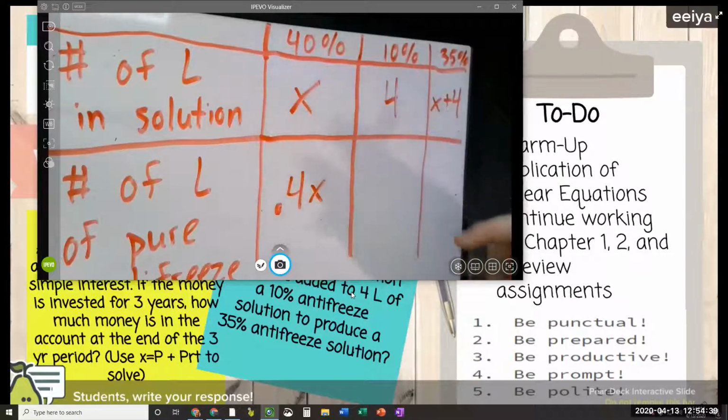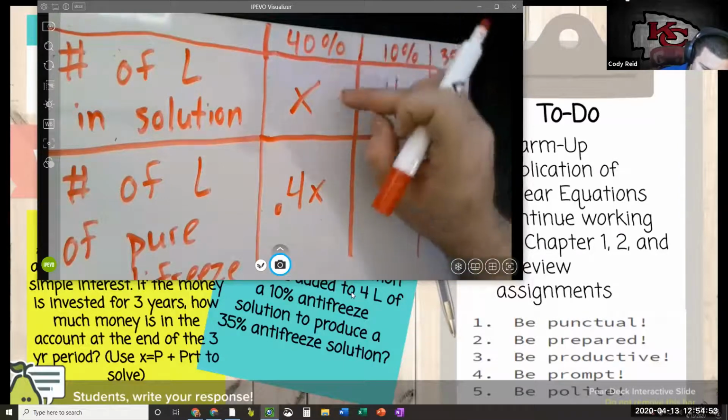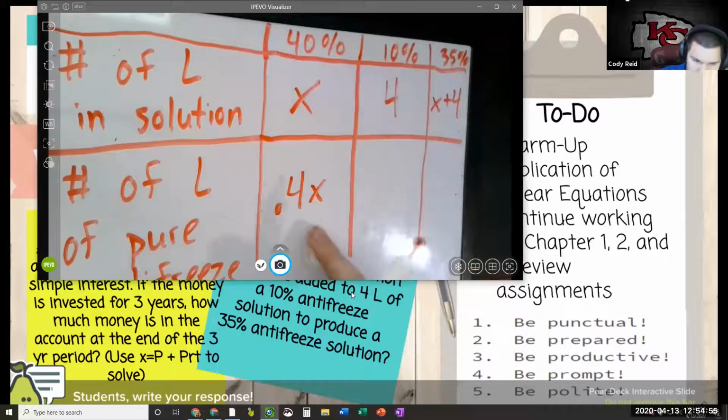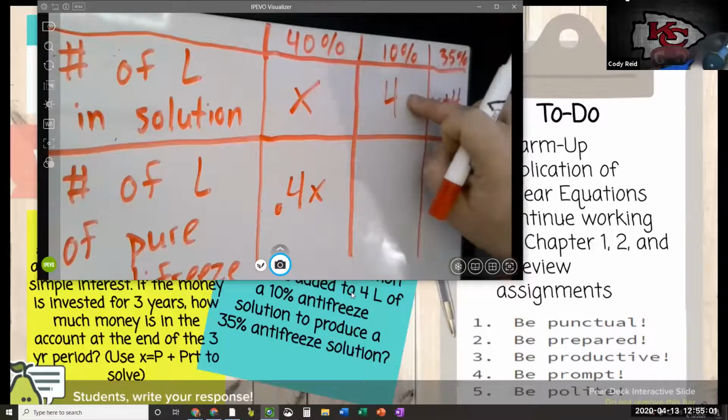Right, you divide 40 by 100? Yep. So essentially what we're doing now is we're taking the percentage and multiplying by x, and that'll be this box. So we'll do 10% times 4.